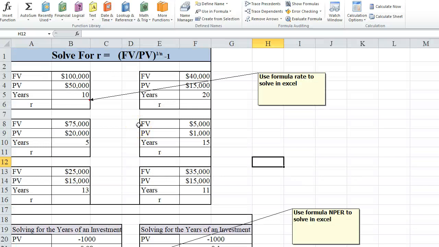Okay, so we have two other different types of problems. What if we're solving for R? And R is, what we're solving for is the rate. So let me just put in rate here, and I'll just put in R. I think it's a little bit more descriptive of what we're solving for.